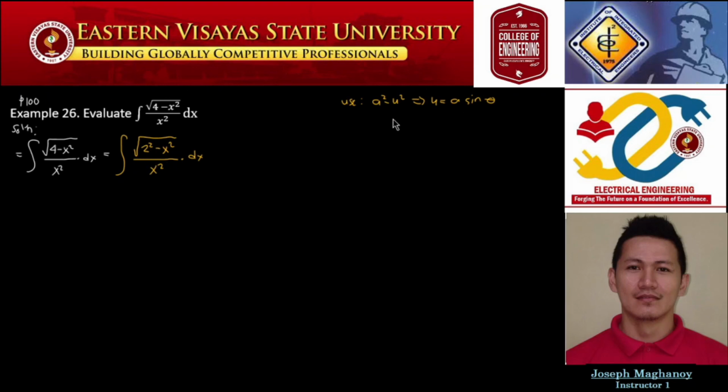If we align this, our 2 squared minus x squared, it is equal to x equals 2 sine theta. So we can call this equation 1.